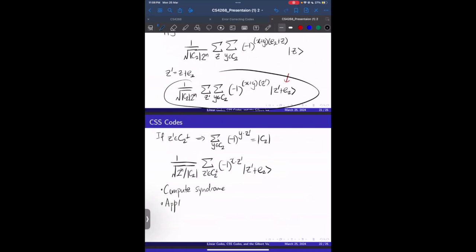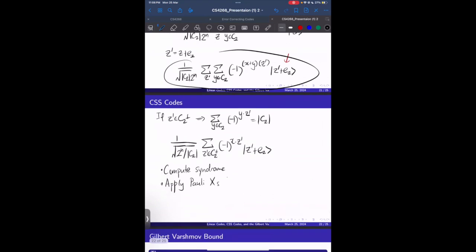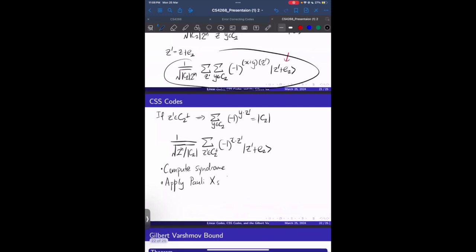Then we apply the Pauli X's in the correct places, right? So after that, we just get the corrected state.